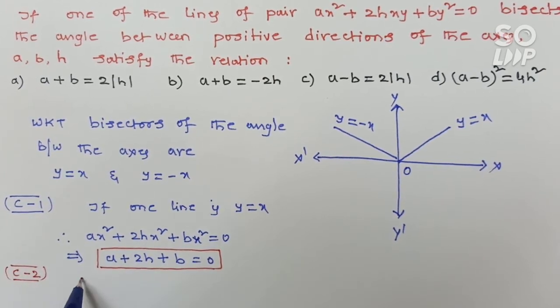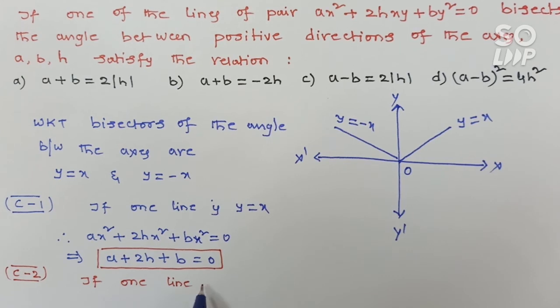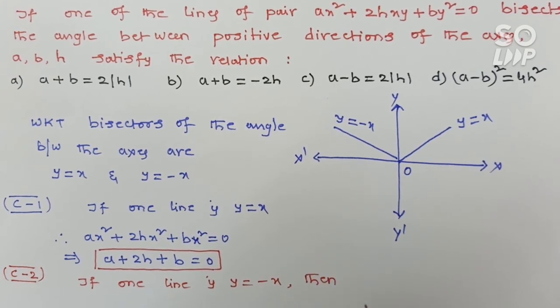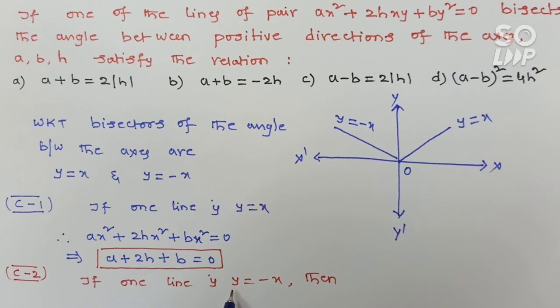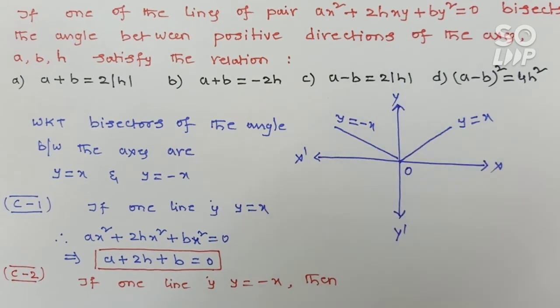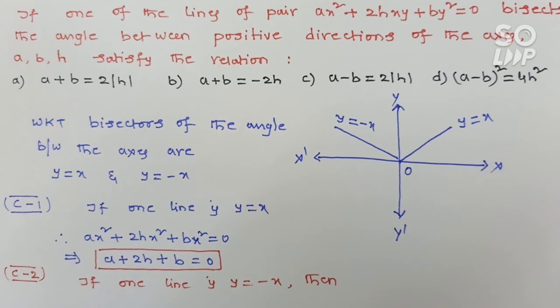If one line is y is equal to minus x, then what is the meaning of one line being y is equal to minus x? This is a factor of this second degree equation, so it will satisfy the homogeneous equation.